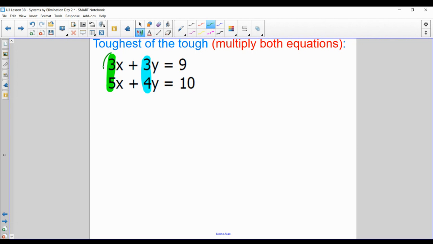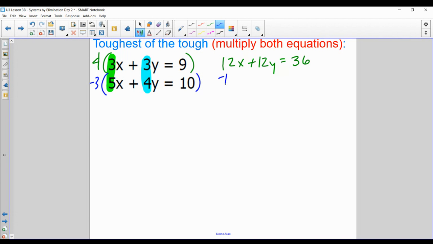So if I multiply this first equation by 4, I'm going to get 12x plus 12y equals 36. So be very careful that you multiply every single term. If I multiply the second one, I'm also trying to get a 12y, but I want it to be negative. So I'm going to multiply by -3.